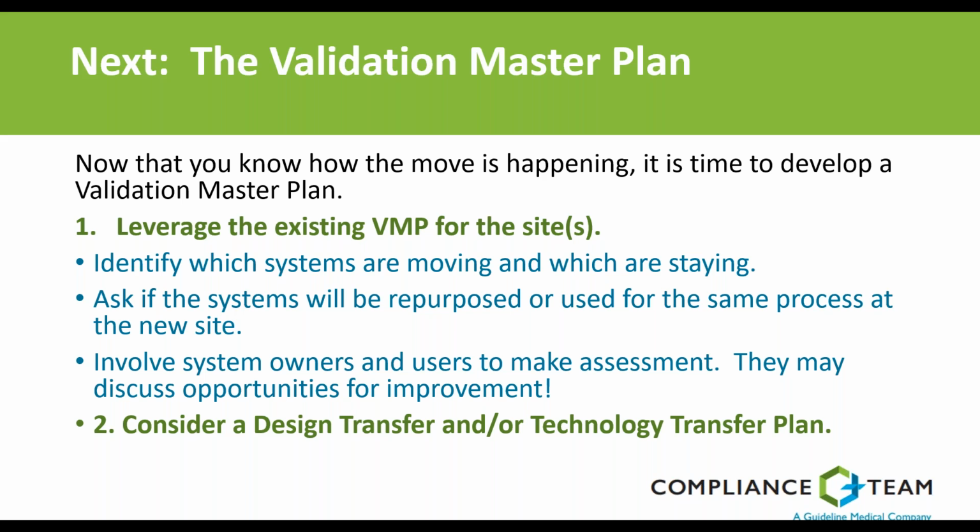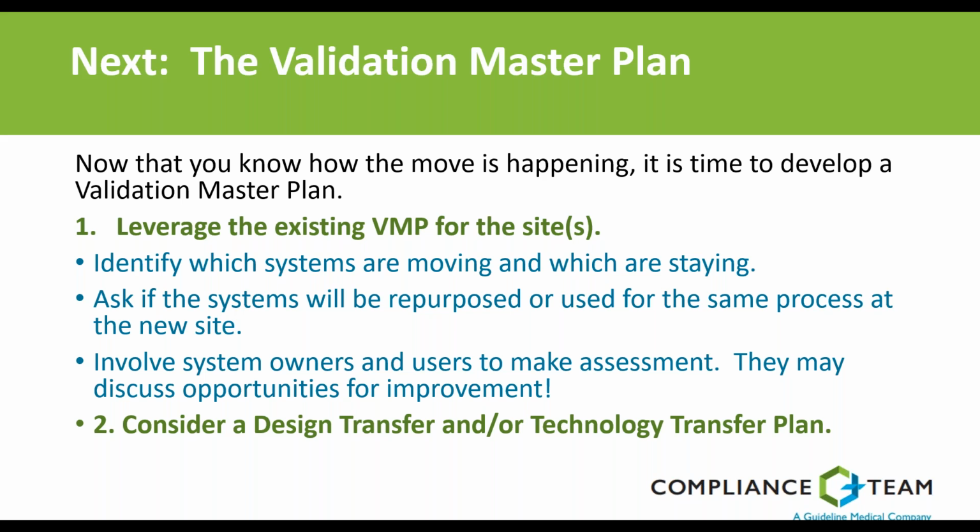The validation master plan is just like your regular validation master plan, and you can leverage a lot of that information, because we're making the assumption here that all the equipment that you're relocating from point A to point B has already been validated to some extent, and that all you're trying to do is show that the validation continues to be relevant in the new location.